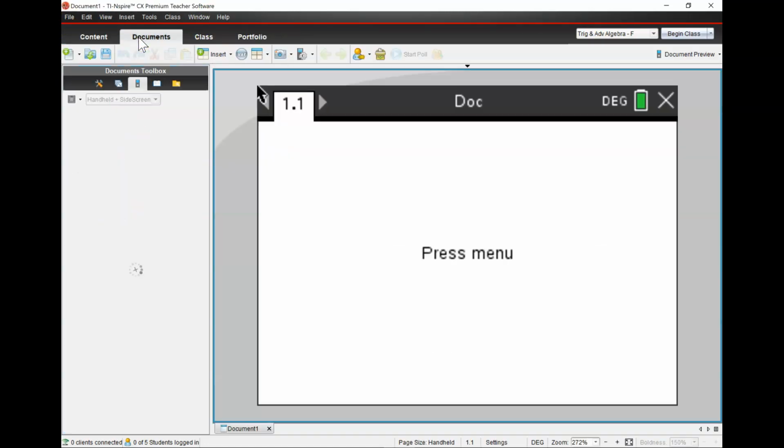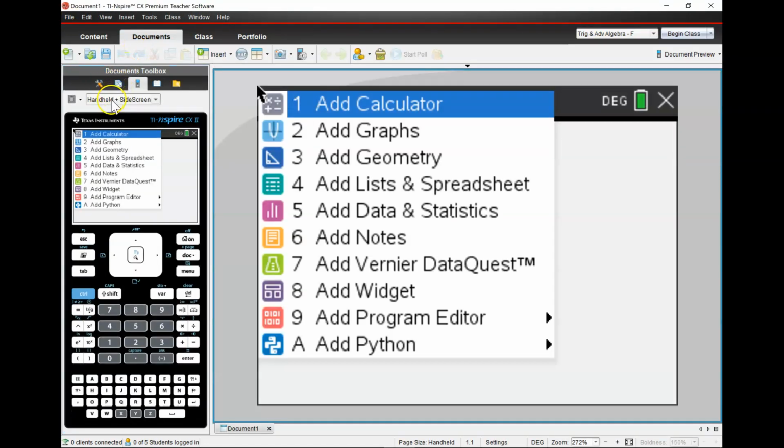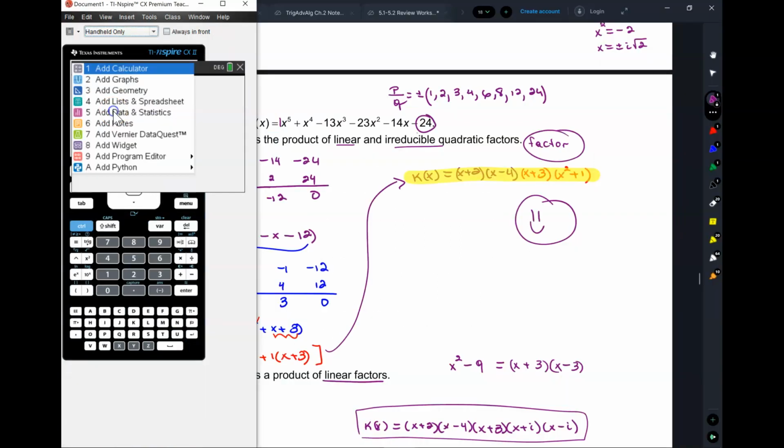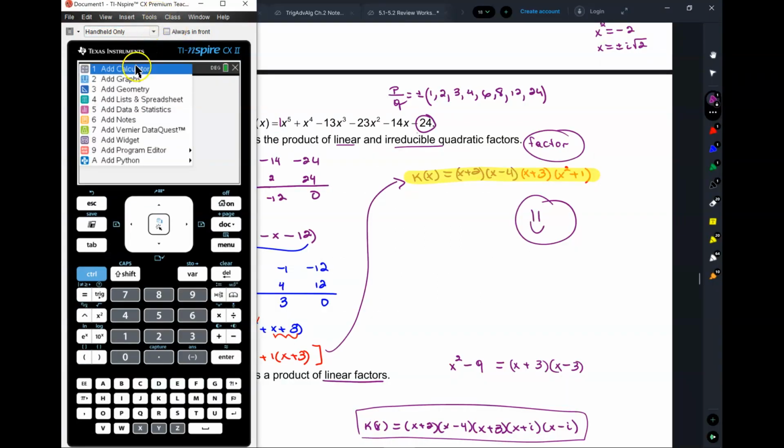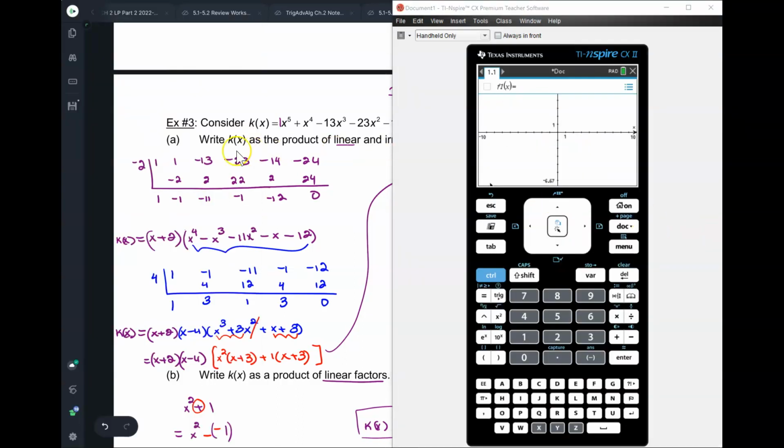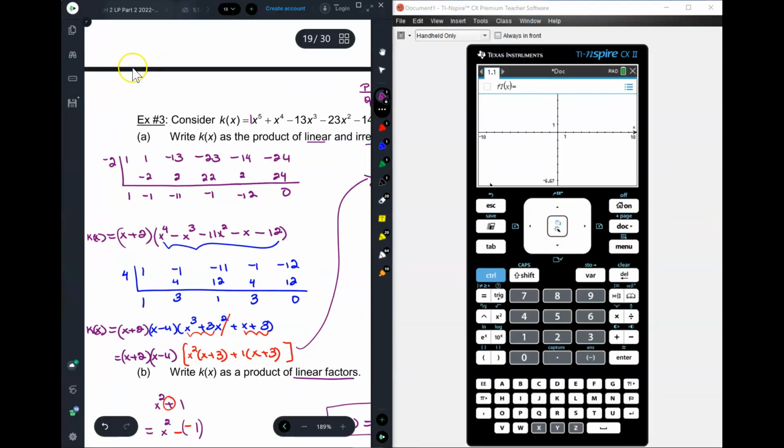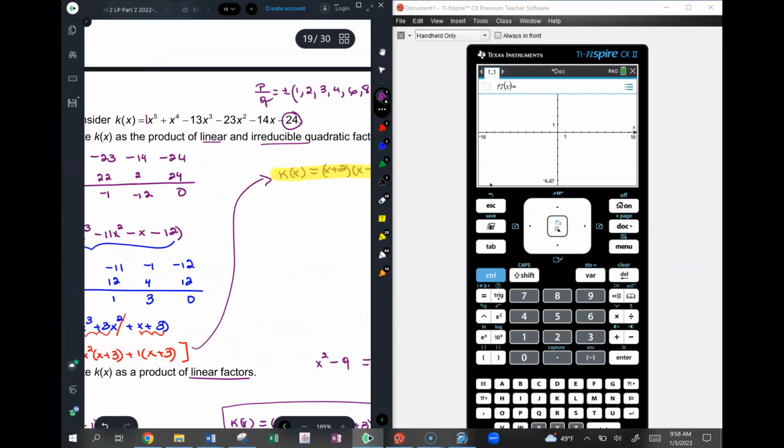So basically, what I want you to do, if you have this problem, is plug it into the calculator and graph it.